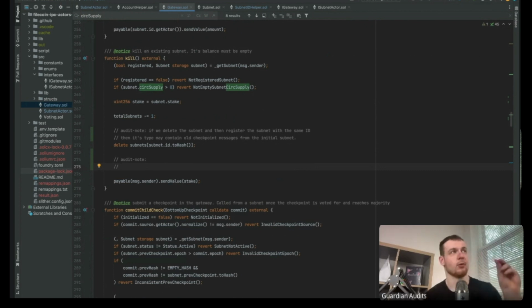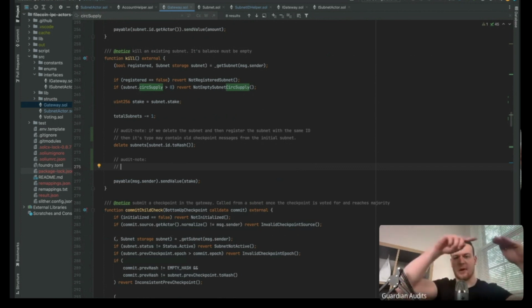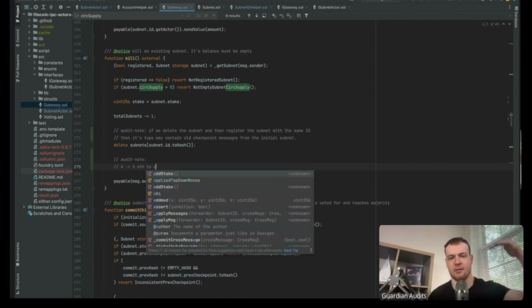For example, let's say I'm address A on the root net, and I send 5 ether to the gateway, and we go on to the subnet, and 5 ether gets minted on the subnet. Is there a way for address B to come in on the subnet and somehow get that 5 ether out on the root net, which was dedicated for this subnet, and send it to address B on the main net?